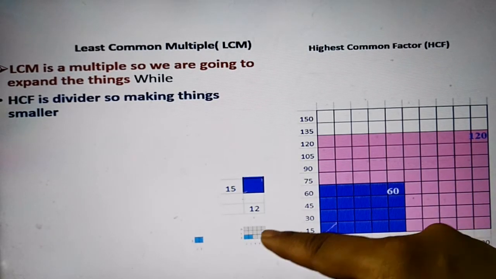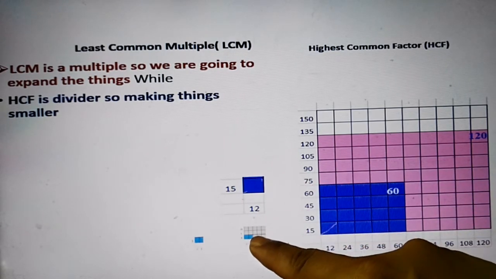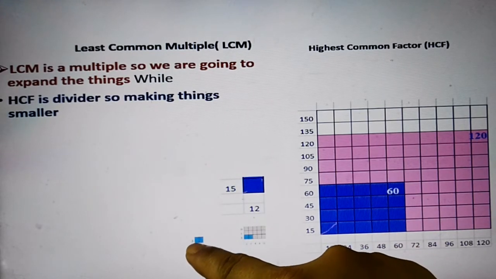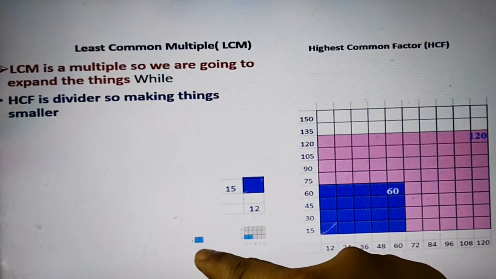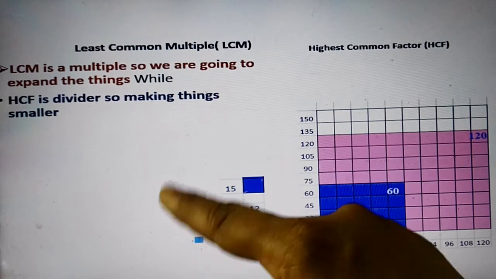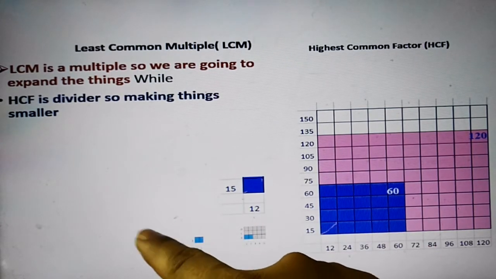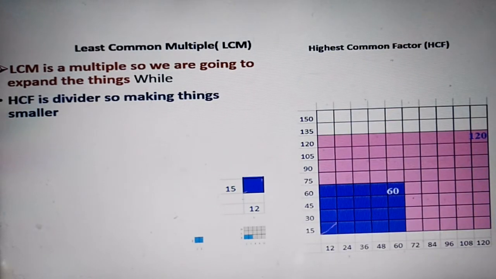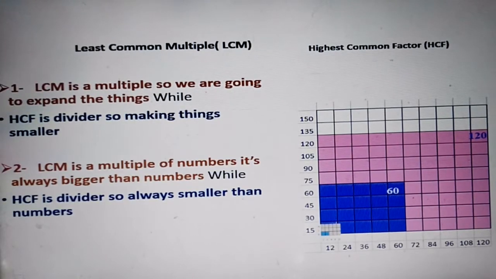And each time when you divide the things and get factors, the first factor you find is the greatest, and each time you find factors you go on dividing the things. So don't get confused by the words least and highest, because this concept creates problems while we are solving word problems. In word problems we get confused about what to find, highest common factor or least common multiple.